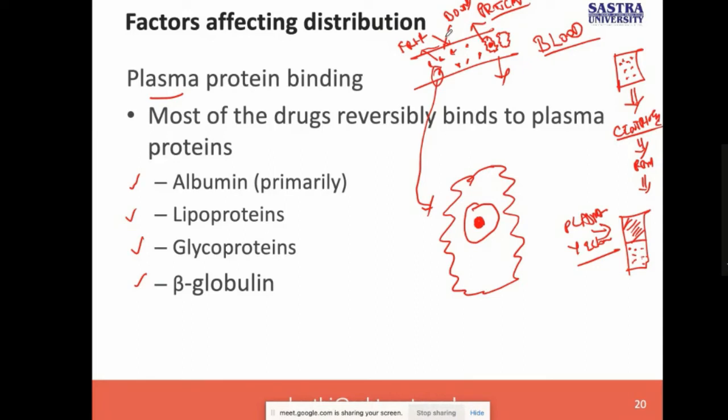Yes. A very important point I am going to say is that free drug molecules are the active drug molecules and bound drug molecules are inactive drug molecules. Don't get confused in terms of activity. Again I repeat, free drug molecules are active and bound drug molecules are inactive.